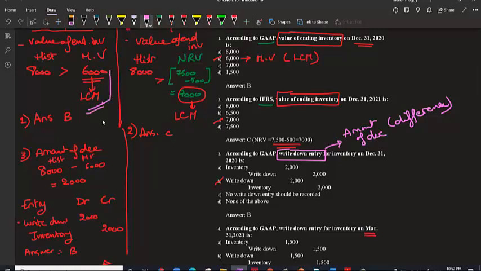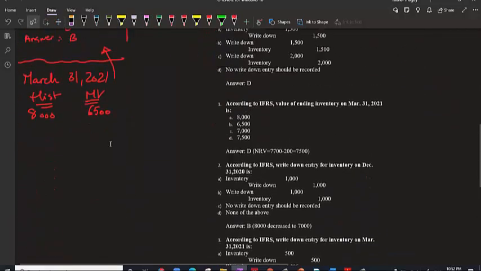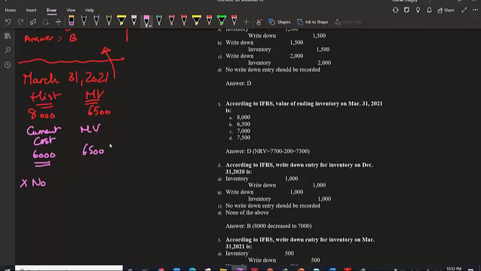So we can't make a reversal of a write down. We're going to compare the current cost, or the book value, which is 6,000, with the market value of 6,500. We have previously written it down, so we can't make a reversal of write downs.